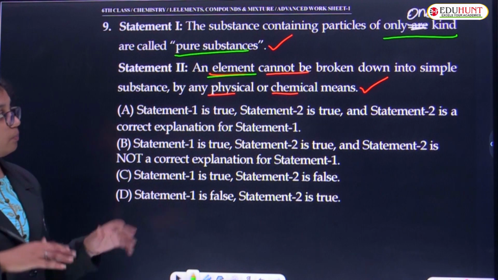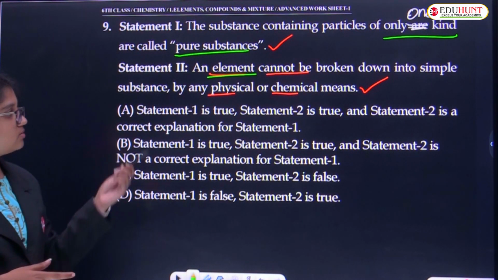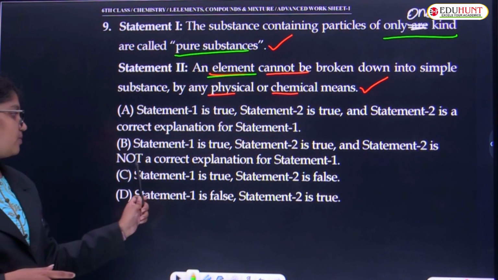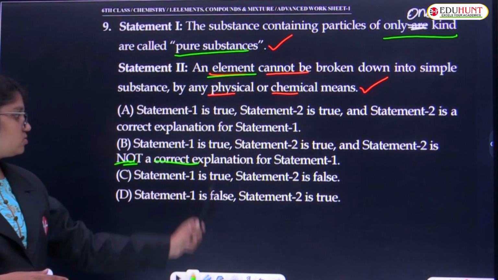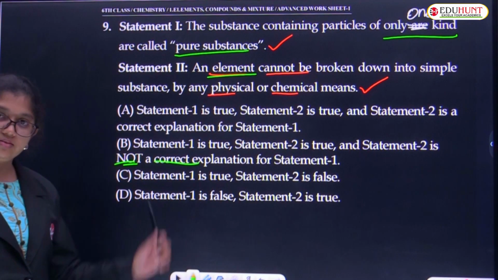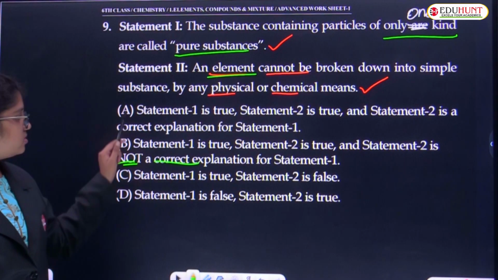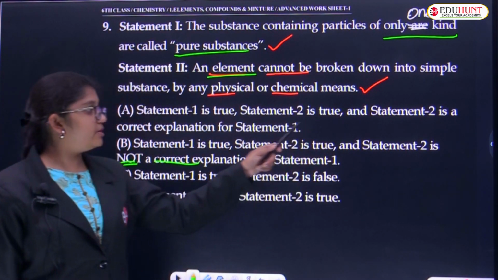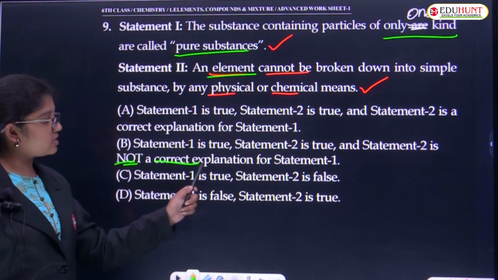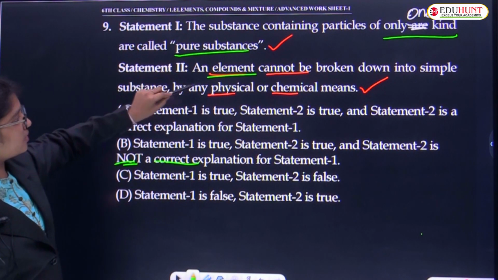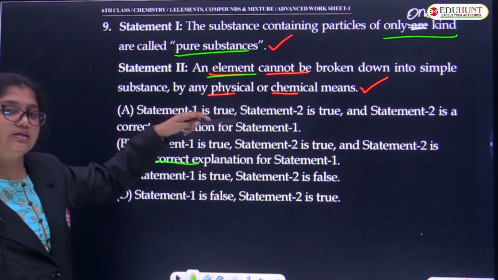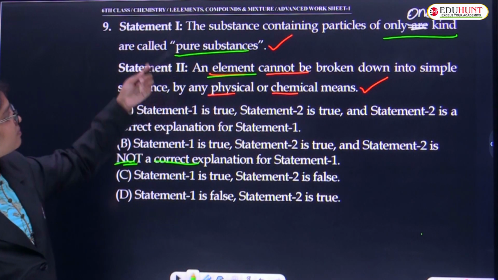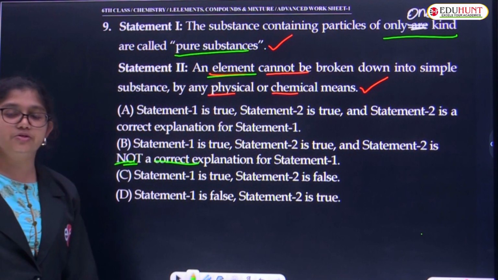Statements 1 and 2 may both be correct, but statement 2 is not a correct explanation for statement 1, because it is completely talking about an element and its properties, while statement 1 is a clear definition of a pure substance.